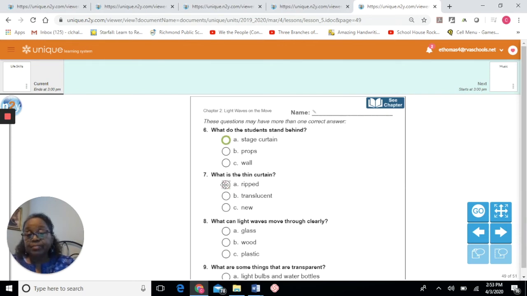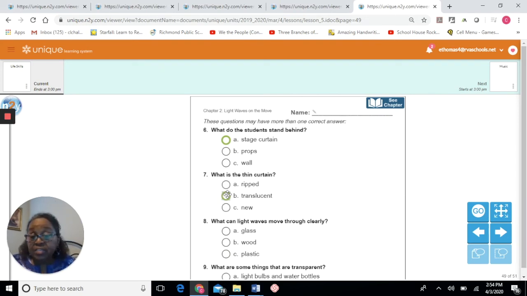Let's check. We're right. Translucent was mentioned, and the thin curtain did give us the ability to have some light pass through. That's one correct answer, but I do not remember the author saying that the thin curtain was new.